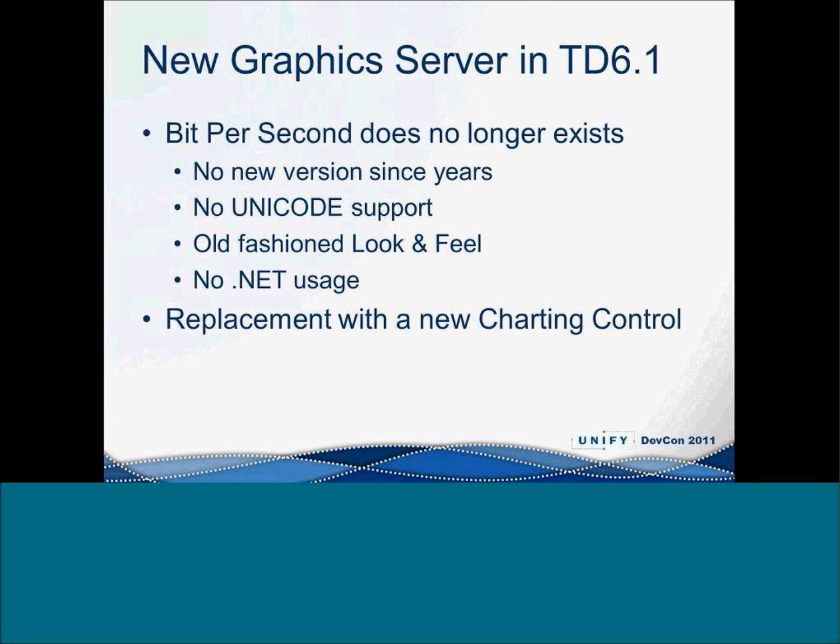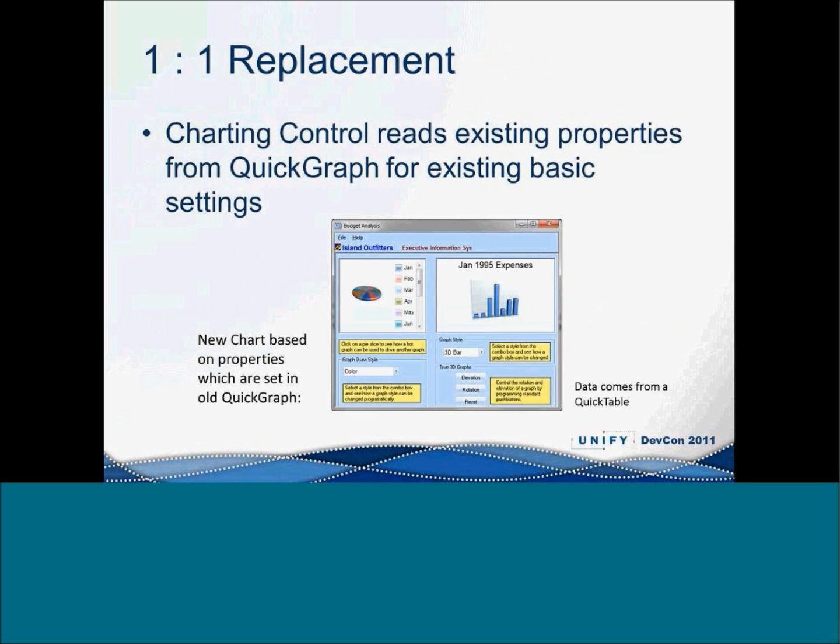And we looked for a replacement, and we found something which could be used inside your applications without any changes of source code. So it's a one-to-one replacement. That means the charting control reads existing properties from your sources from the grid graph for existing basic settings.